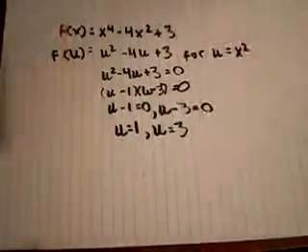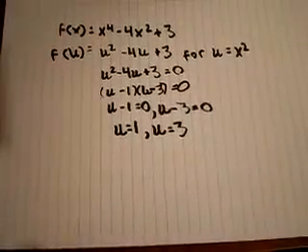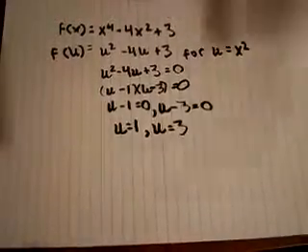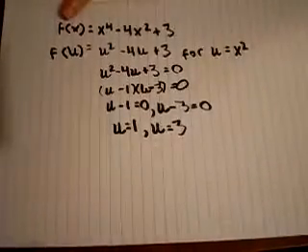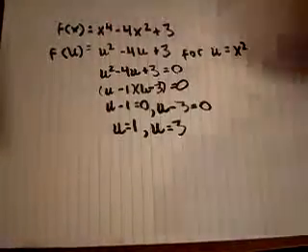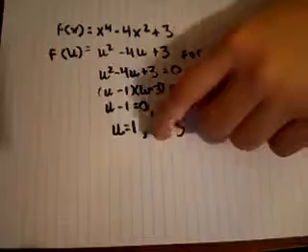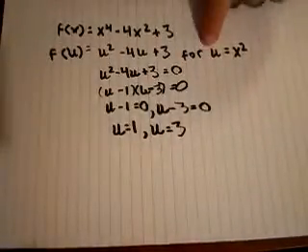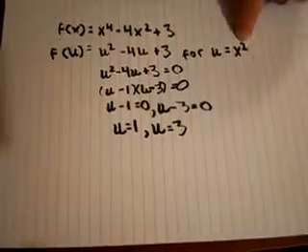Am I completely done with finding my zeros? Well, my original has x's in it. Have I found the zeros when it's an x? No, I've only solved for u. So that's where this comes in. u is equal to x squared.